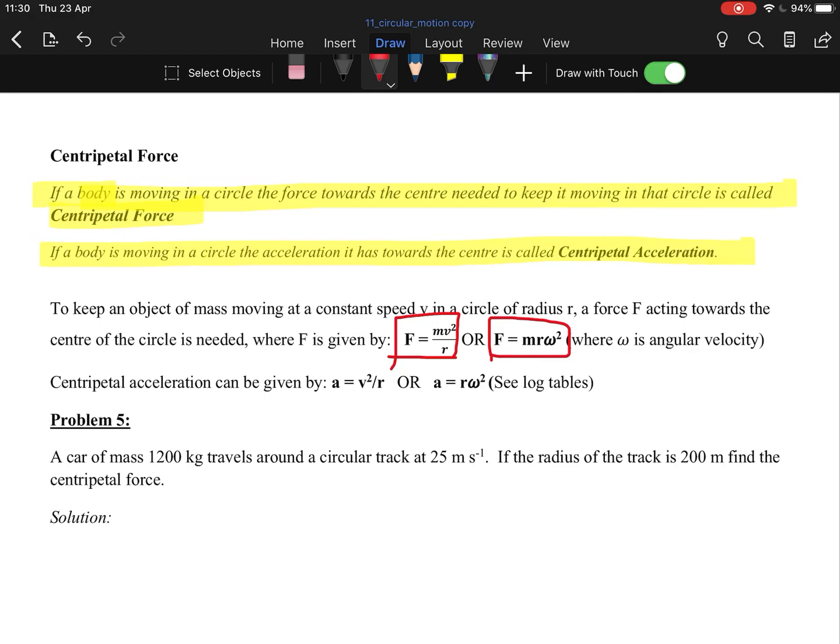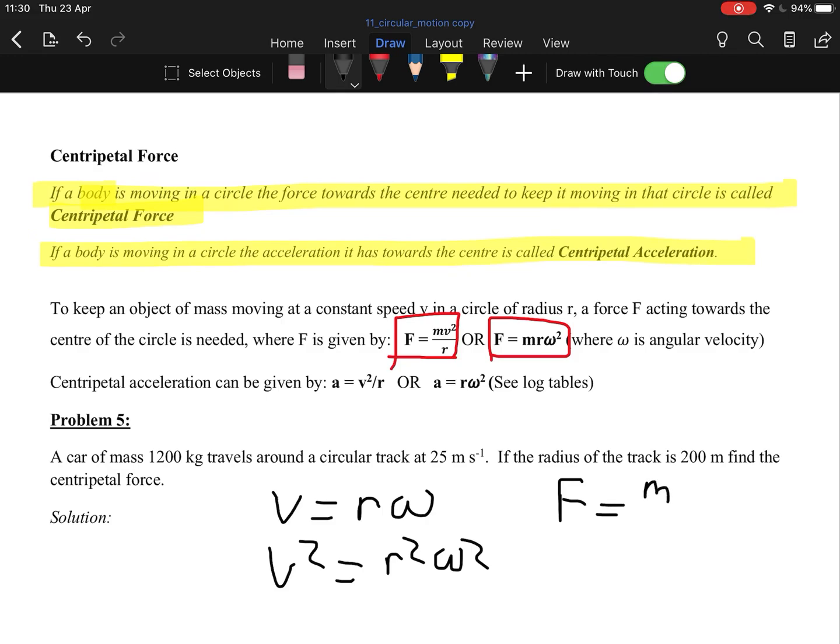Now, where does the omega squared come from? Well, we know v equals r times omega. So v squared equals r squared omega squared.